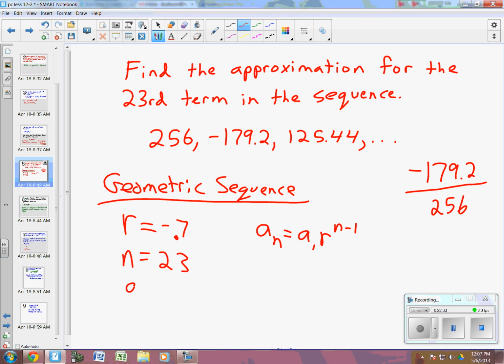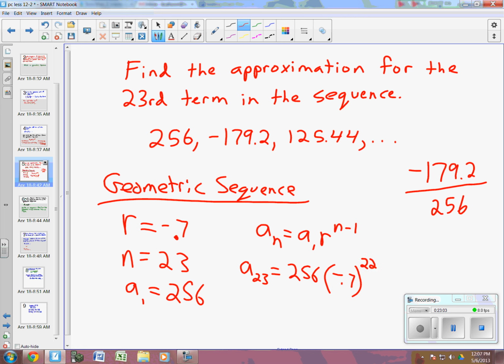We need to know a sub 1. What is a sub 1? 256. Remember, a sub 1 always stands for the first term in a sequence. So I have enough information. I want a sub 23 equals a sub 1, which is 256, times the common ratio, negative 0.7, raised to the n minus 1 power, which would be 22.